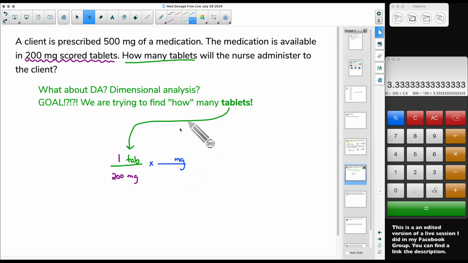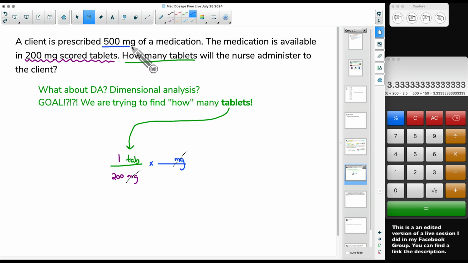And the reason I'm doing this is because in dimensional analysis, you want to get rid of words that you don't want. Our goal does not care about milligrams. It doesn't say how many milligrams. It says how many tablets. So we have to get rid of milligrams.